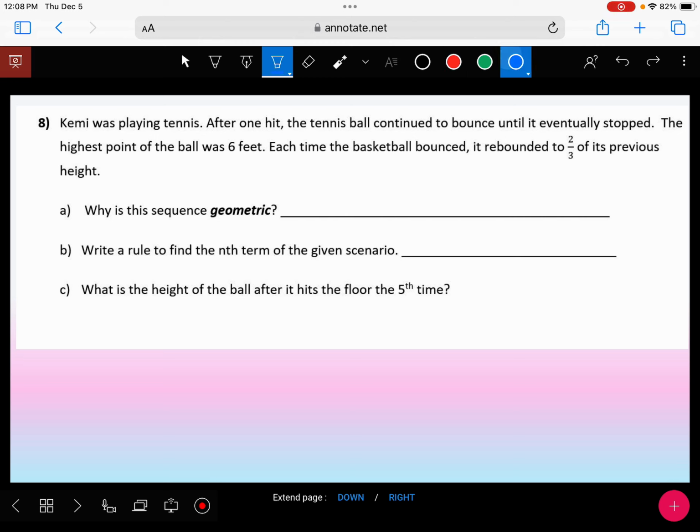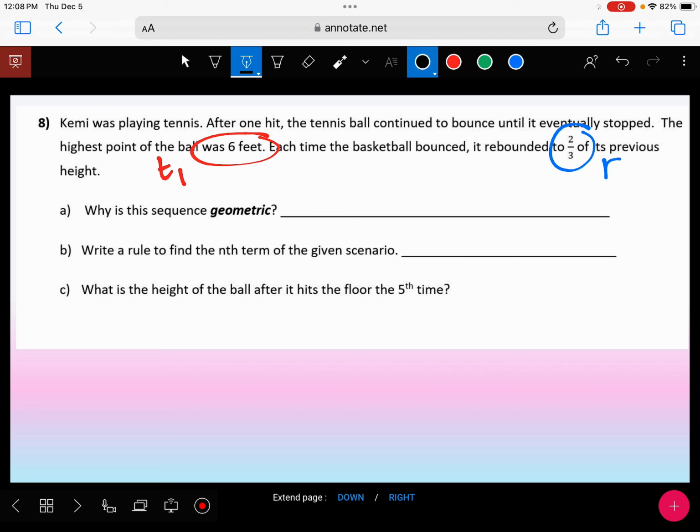So that's my T1. Each time the ball bounced, it rebounded to 2/3 of its previous height. So this is my T1, and I'm multiplying it by 2/3 because it's rebounding 2/3 of its previous height.